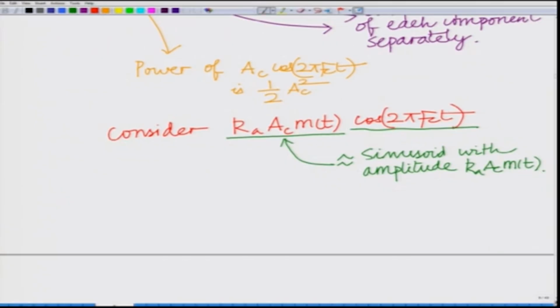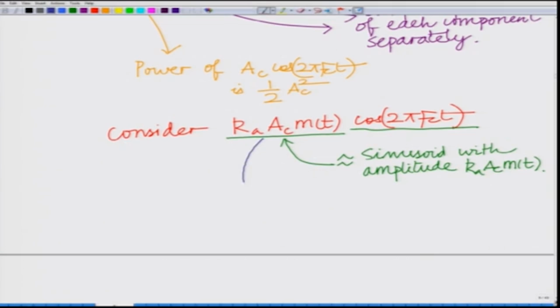But since m(t), the message signal, is varying much slower, because the carrier frequency f_c is much higher than f_m, that is the maximum frequency component of the message, therefore m(t), that is this envelope or amplitude of the sinusoid, varies at a much slower rate than cosine 2 pi f_c t. One can approximately think of this as the sinusoid cosine 2 pi f_c t with instantaneous amplitude k_a A_c m(t).